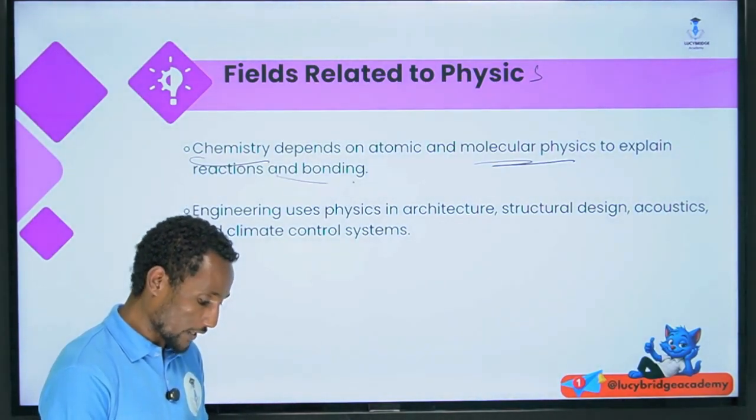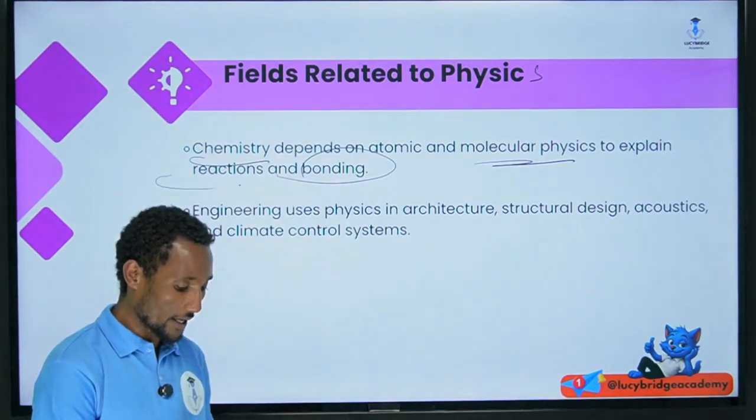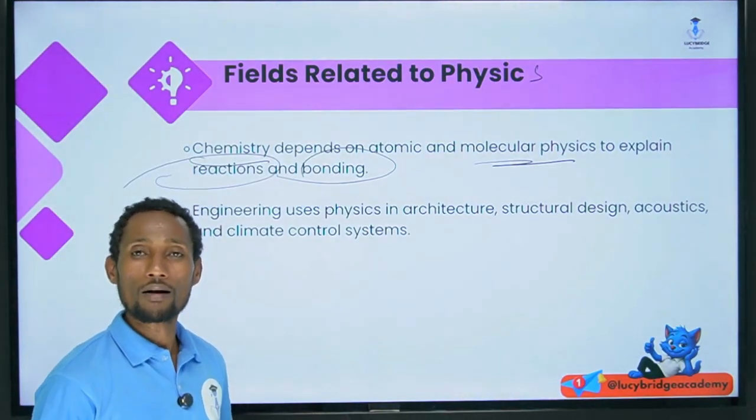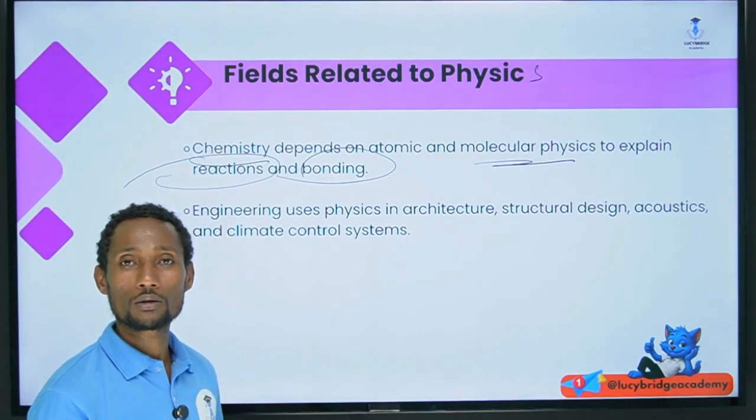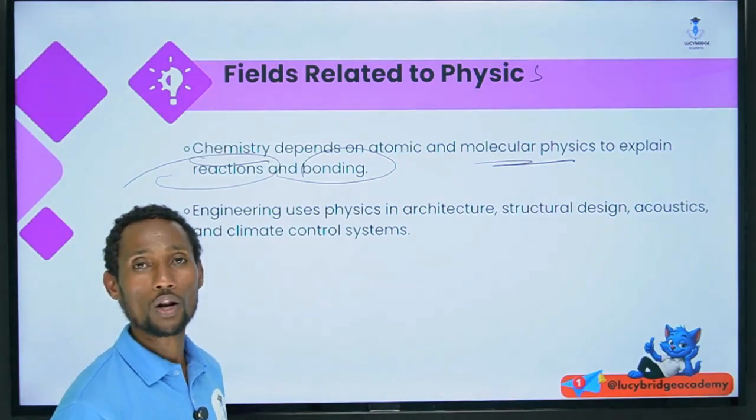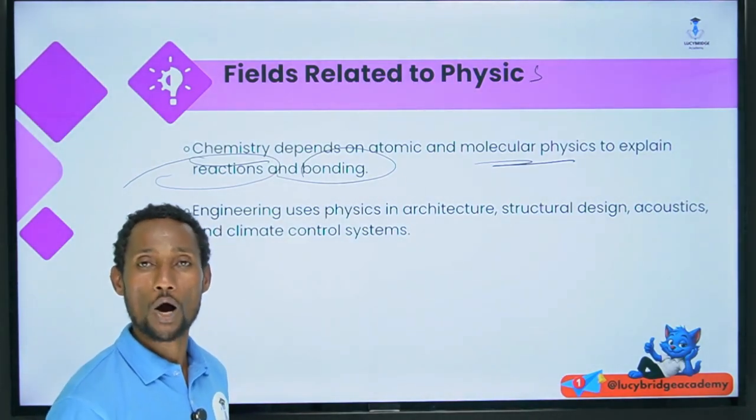Having the force effect on bonding, the chemical reaction that forms between two atoms, molecules, elements, or compounds.